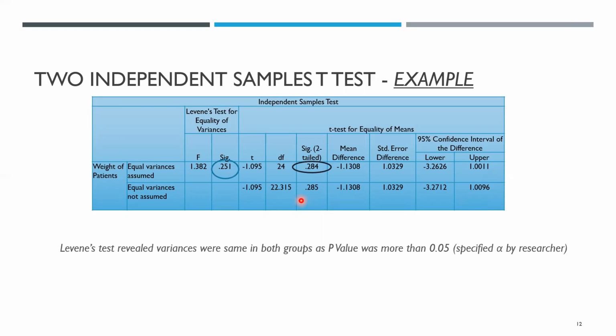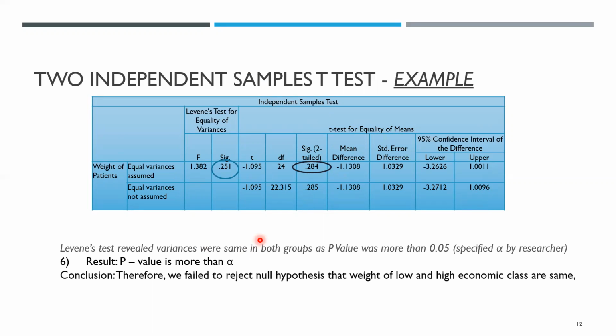So we are using this p-value for the t-test, which compares the means of the weight of the low and high economic class. This p-value is also more than 0.05, which is more than alpha. So we conclude that we fail to reject the null hypothesis that the weight of the low economic class and the high economic class are the same.